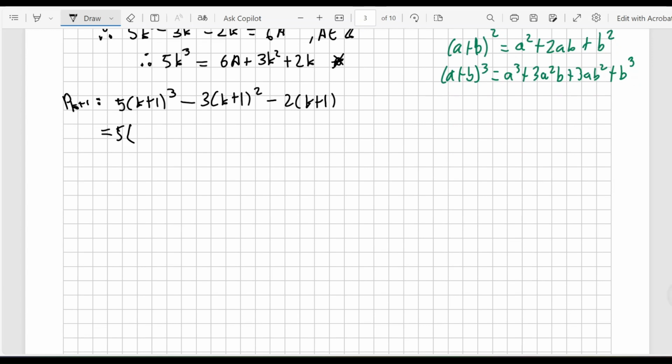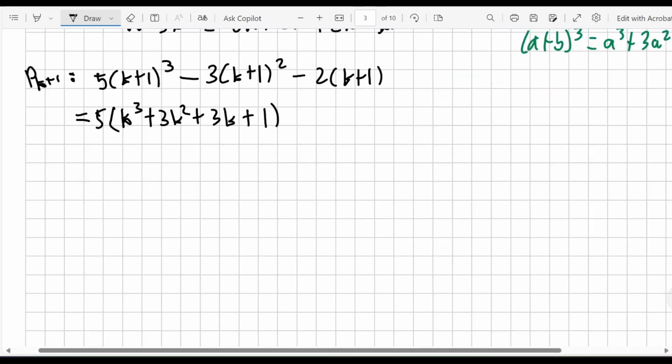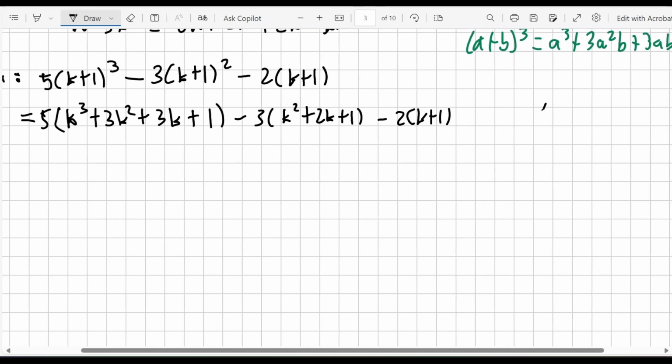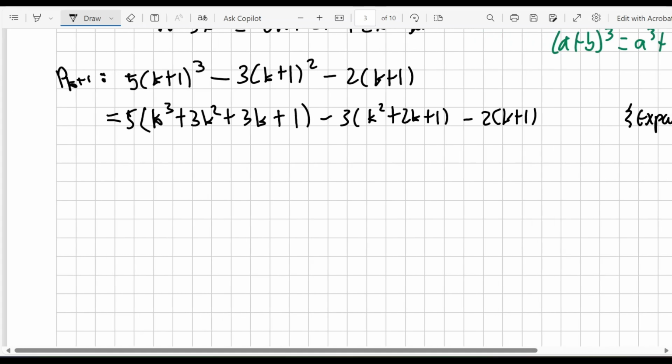All right, so let's expand this. It's k cubed, 3k squared times by 1, 3k times by 1 squared, and 1 cubed. This is going to be take 3, same thing, so k squared, 2k, and 1. And then we've got 2k plus 1 at the end. And then I might just make a little note, this is expanding. Now let's deal with this.